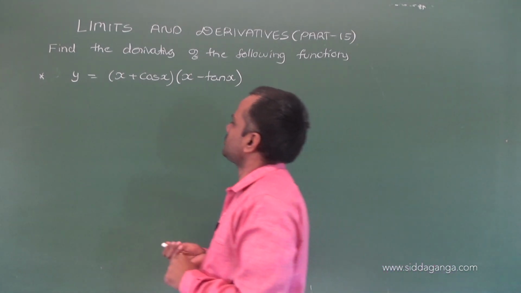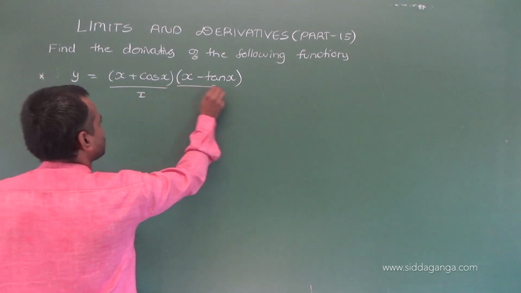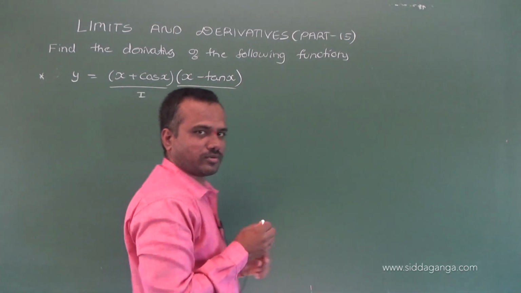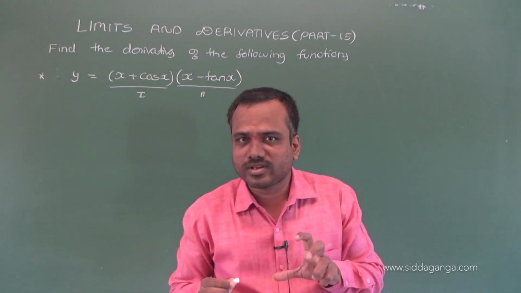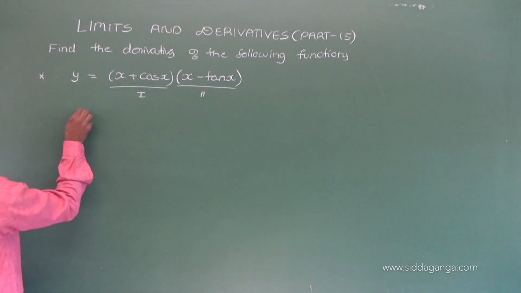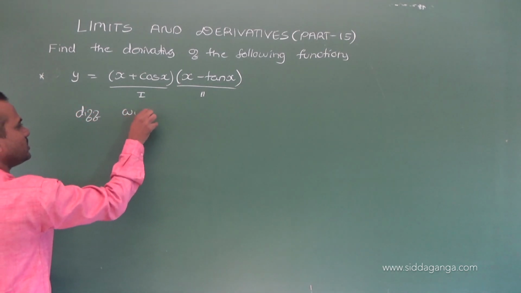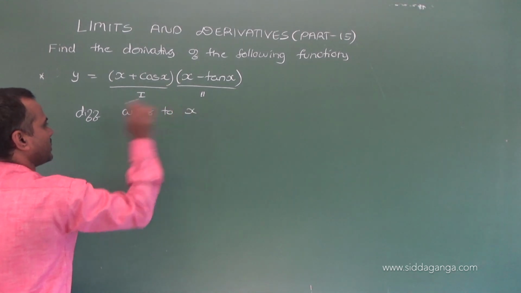So observe this problem. This is the first function and this is the second function. Which rule is applied here? Product rule. So we write, differentiate with respect to x.